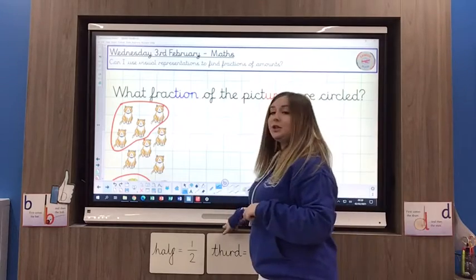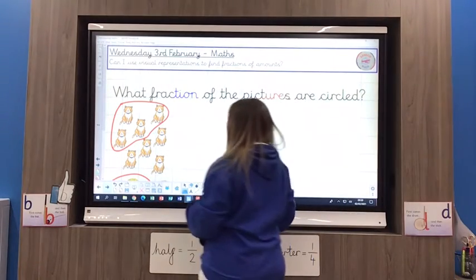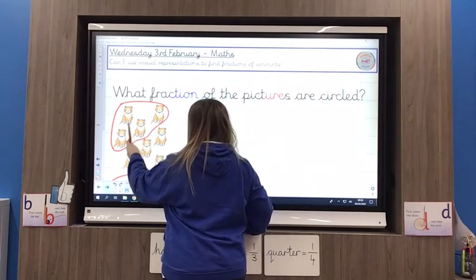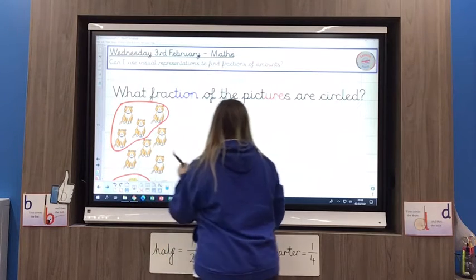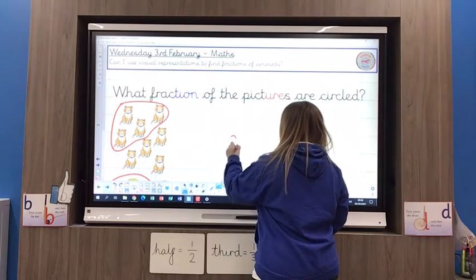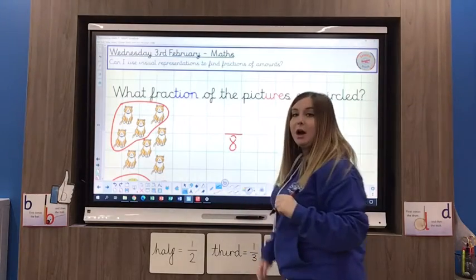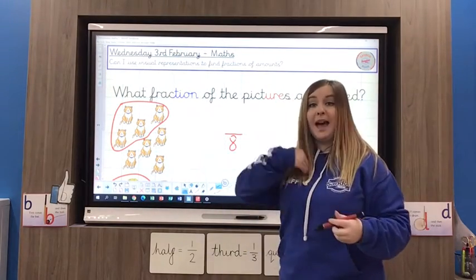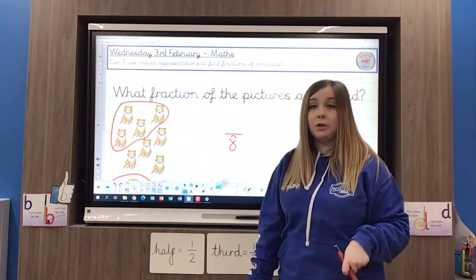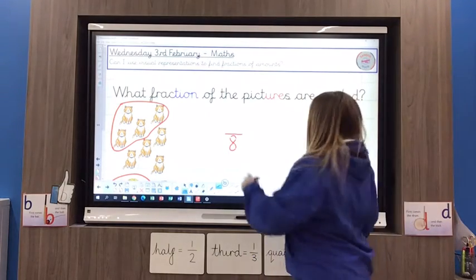So how many cats do I have all together? Let's count them. 1, 2, 3, 4, 5, 6, 7, 8. So our denominator is 8, because that's how many there are all together. And how many do I have? How many are circled? 4. Brilliant.